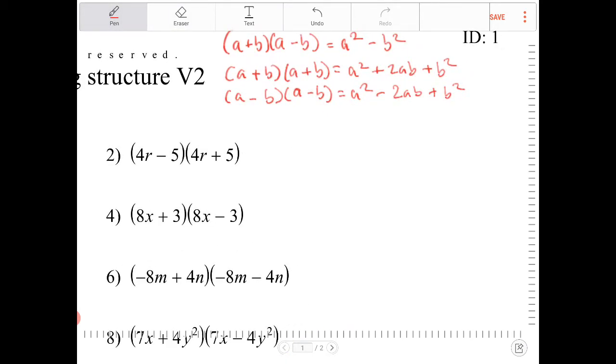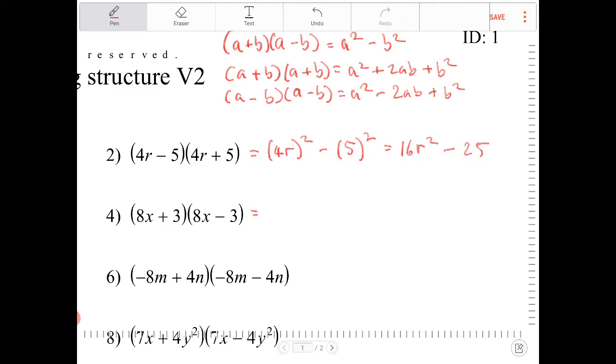So how will that look? Immediately I notice that a is 4r and b is 5. So this immediately just turns into a squared minus b squared. So it's just 4r squared minus 5 squared, or really, this is just 16r squared minus 25.